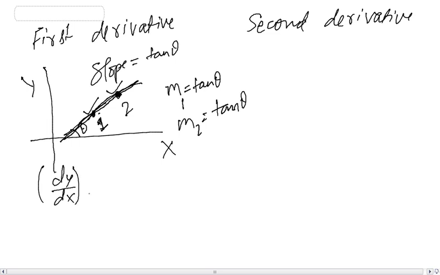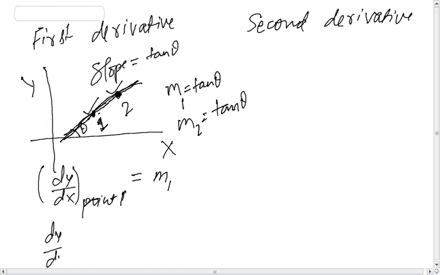And I told you the differentiation, that is dy by dx at point 1, is equal to m1, as I already told you. So the differentiation dy by dx at point 2 will be m2.